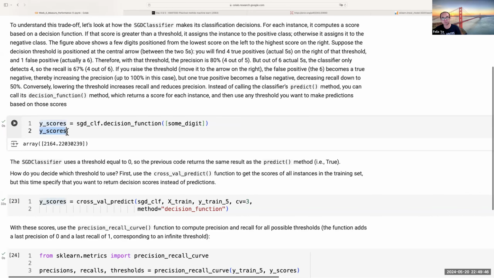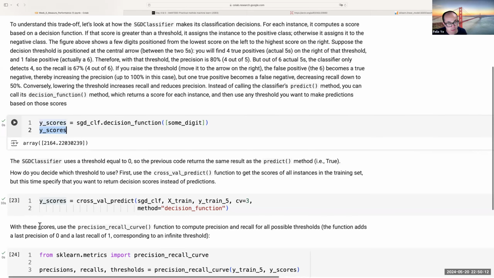The higher the score, the more confident I am to say this is 5. The more negative it is, the higher the confidence to say this is not a 5. For those in the middle, there's some ambiguity, and we don't have very high confidence to say whether it's a 5 or not, right?